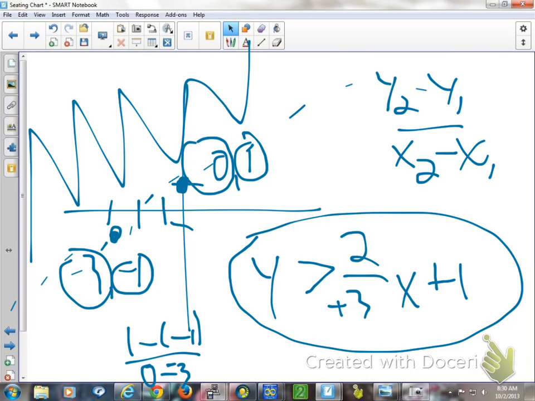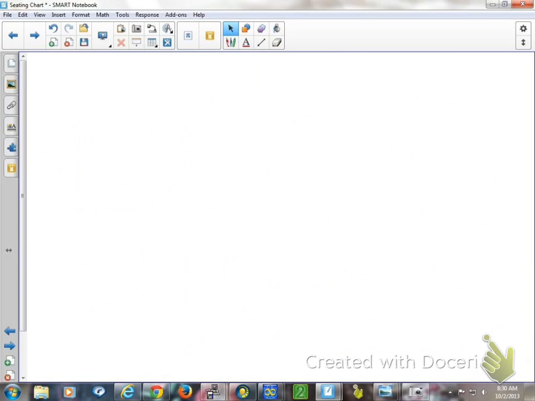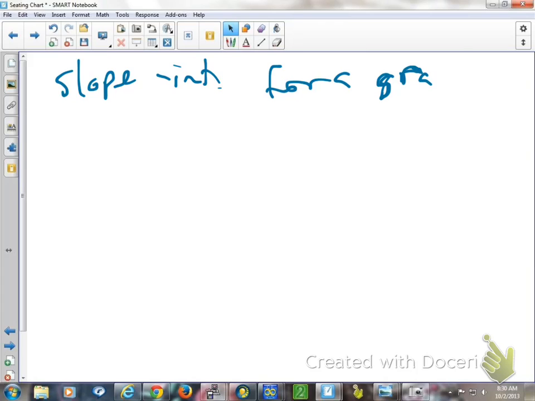Number 3. Number 3 said, what is the slope-intercept equation for the graph? We're looking for the slope-intercept equation for a graph. To get off the block, who can tell me slope-intercept equation?